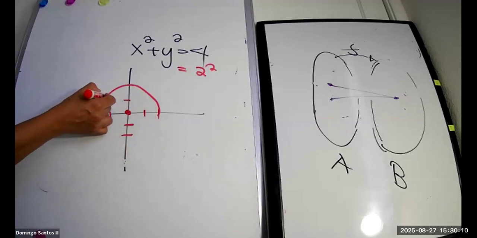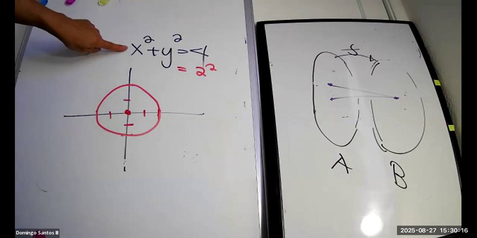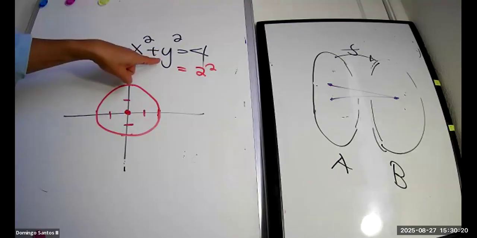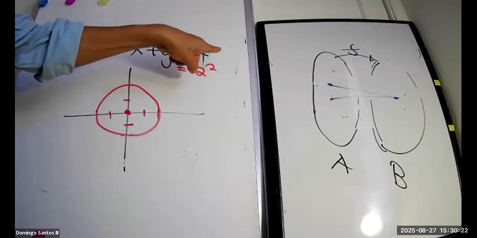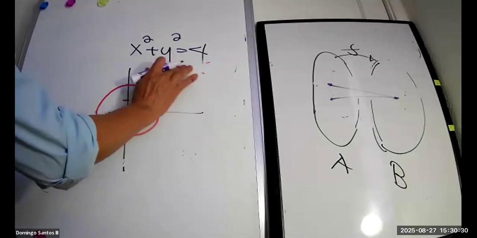What's the graph of this one? Now, basic question, George. Is this a function or not? No. Why? Because if you isolate y, you would have the square root of 4 minus x squared, positive, negative. Let me write it down so the class can see it.